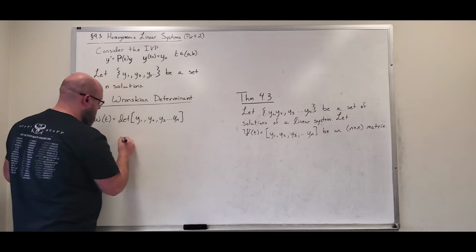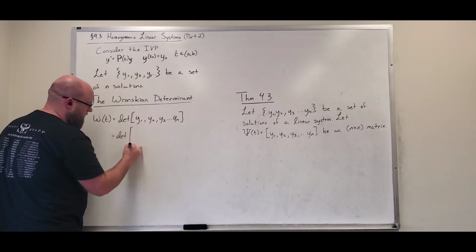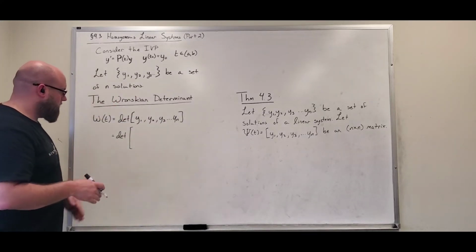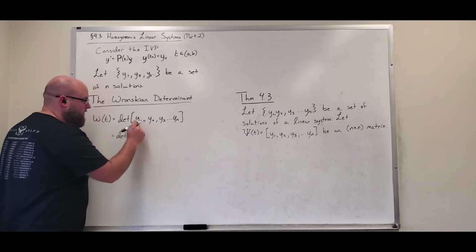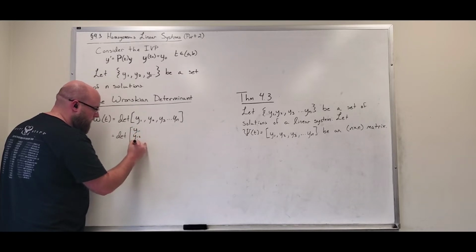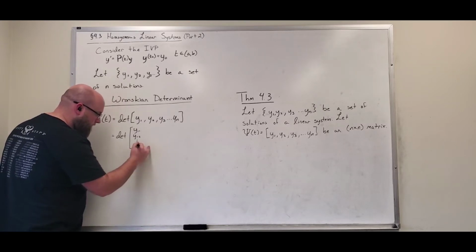It looks like absolute value symbols, but that's still the determinant. Here, y1 is represented as this column, y11, y12, and so forth up to y1n.